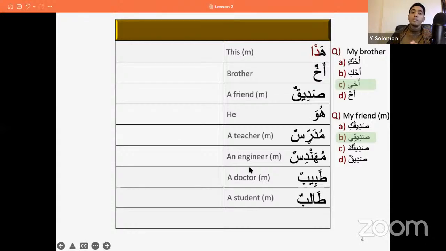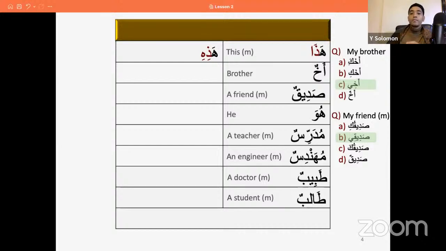Okay, let's look at the female version. We said هذا is this. So we'd say هذا أخ, هذا صديق, هذا مدرس, هذا مهندس, and so on. Okay, هذه also means this, but specifically if you are indicating to something or someone feminine.